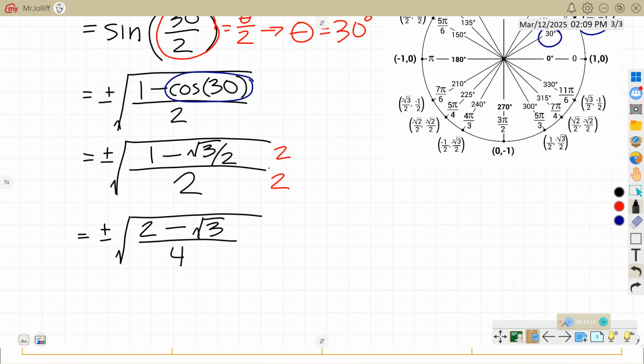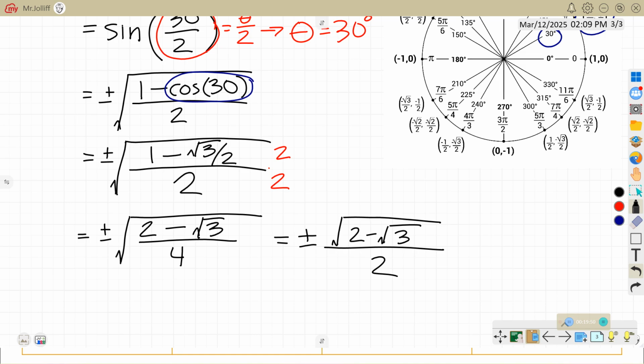I have a question for you. What is the square root of 4? 2. Meaning this is this. Is that pretty? No. Did it fix the two problems that I have mathematically?